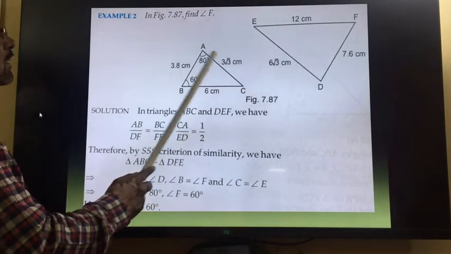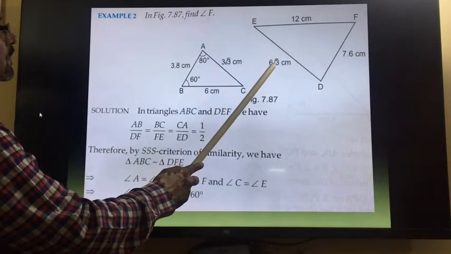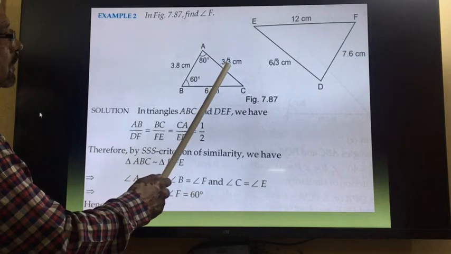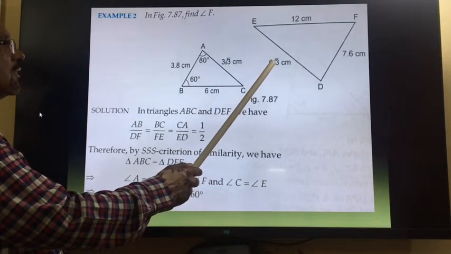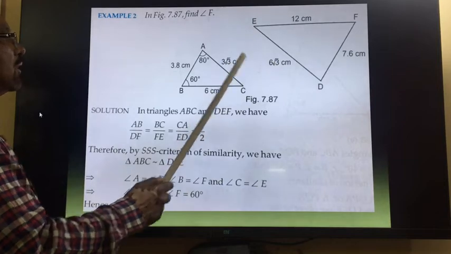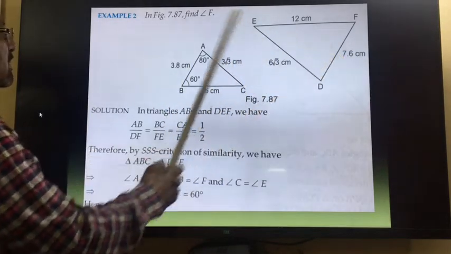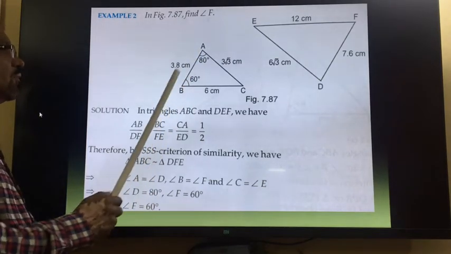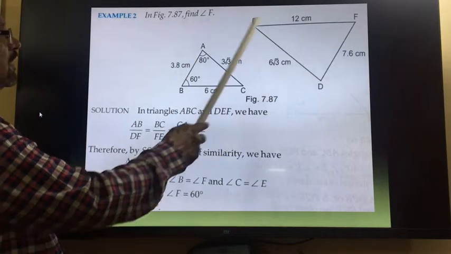And DE, that is 6 root 3, is double of 3 root 3. And 7.6 is double of 3.8. So we can say triangle ABC is similar to DEF.